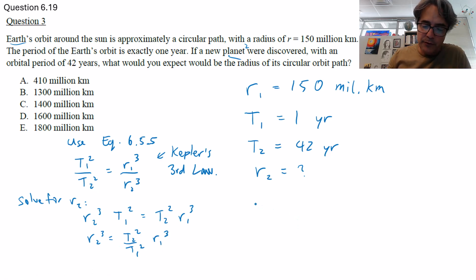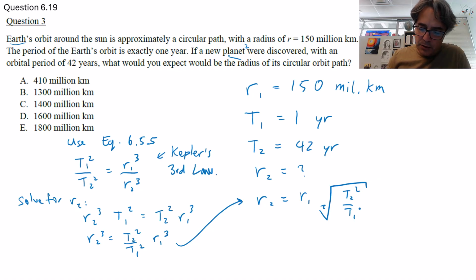The cube root of both sides, we're going to get that R2 is equal to R1 times the cube root of T2 squared over T1 squared. So it's going to be 150 million km times the cube root of 42 squared divided by 1 squared.